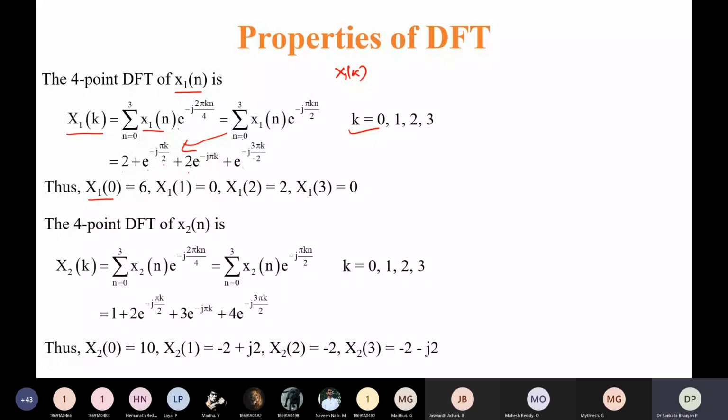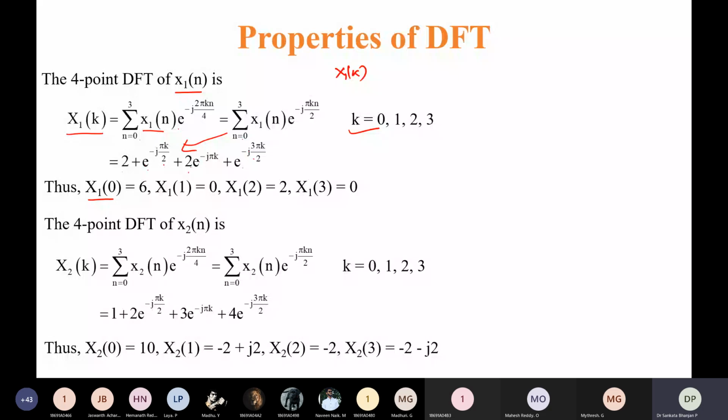Hello? Am I audible? What is the value of e to the minus j pi by 2? Respond, anyone? Minus j, sir. Minus j. Okay, very good. So the value is minus j.